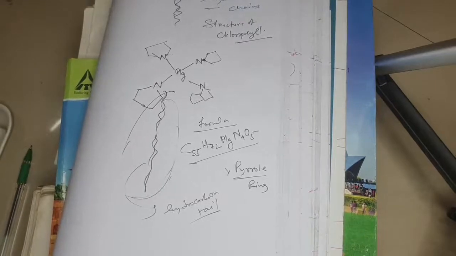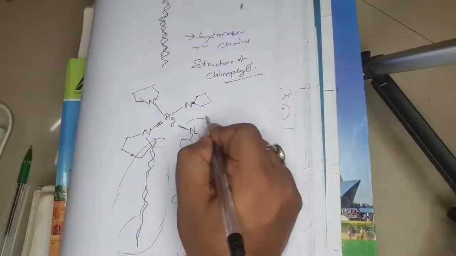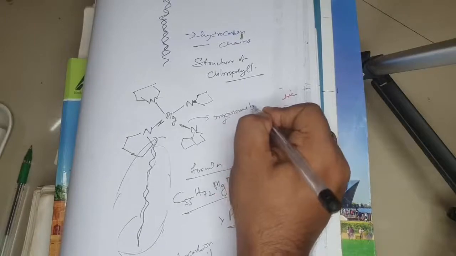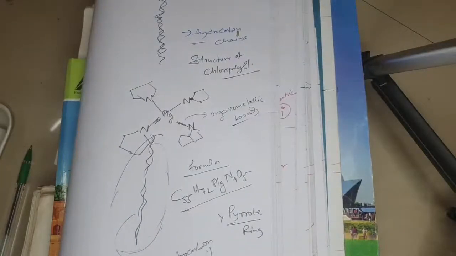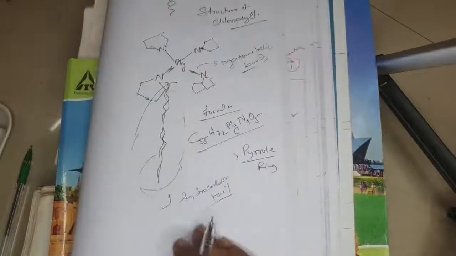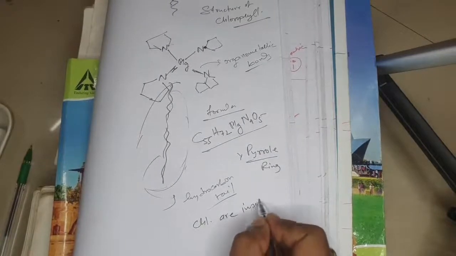And you know what these bonds are known as? These bonds are called organometallic bonds. Okay, and always remember chlorophyll is insoluble in water.